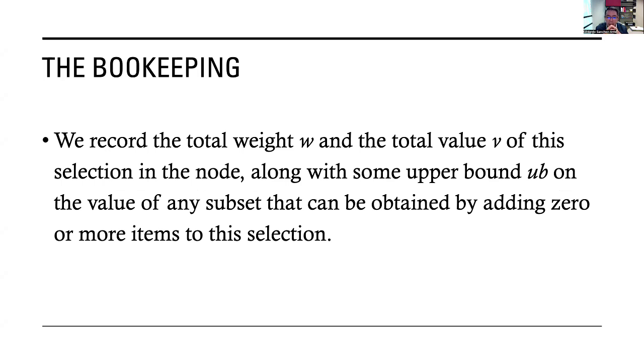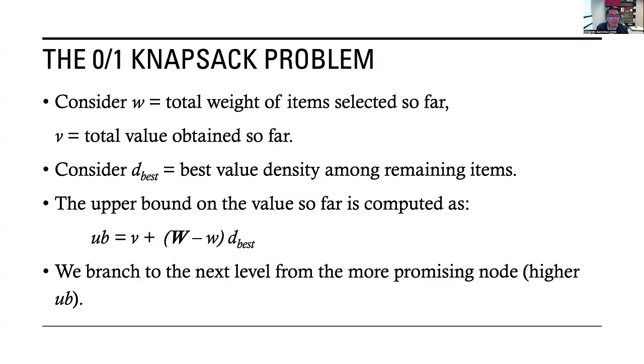And also we need to compute an upper bound, represented by UB, on the value of any subset that can be obtained by adding 0 or more items to this selection. So we need to compute 3 values, W, V, and UB, right? And we will see how we are going to do that.